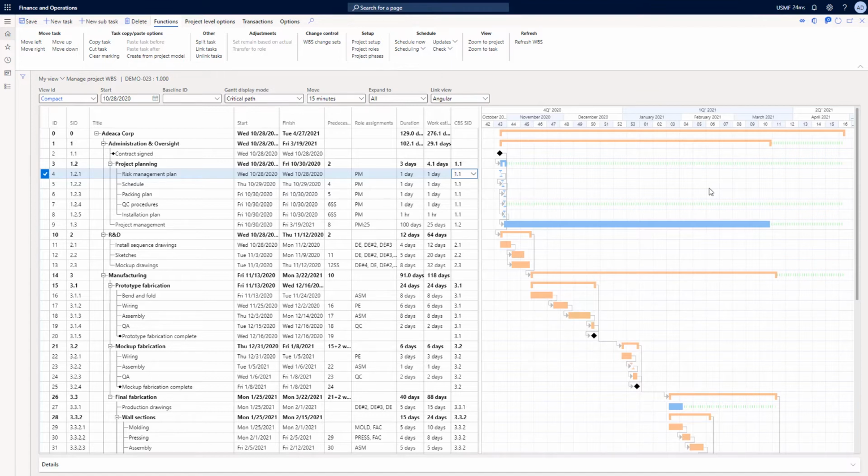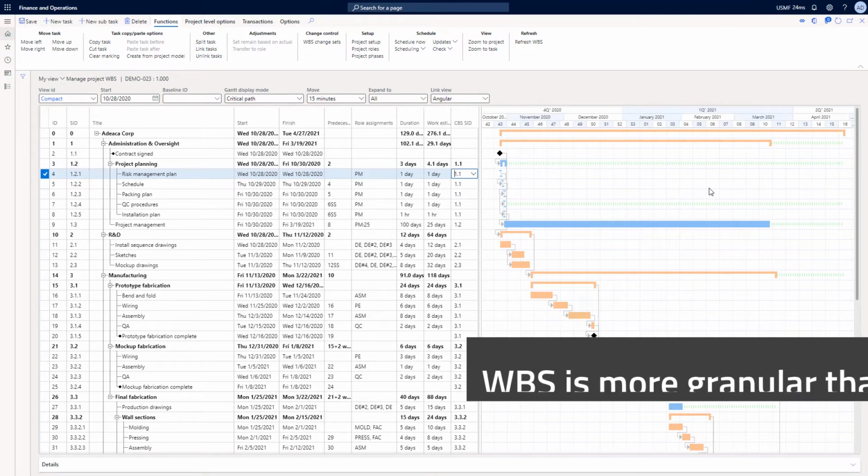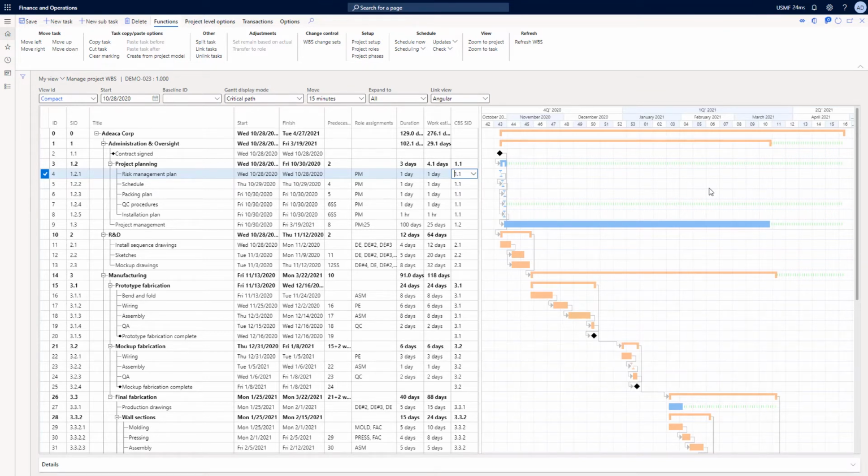And these are not necessarily the same requirements that I would have on the CBS side. So typically, we see the WBS having a lot of additional granularity compared to the CBS. So as a very simple example, your WBS may have 500 tasks and your CBS only 50 accounts, because that is what makes sense from a financial control perspective.